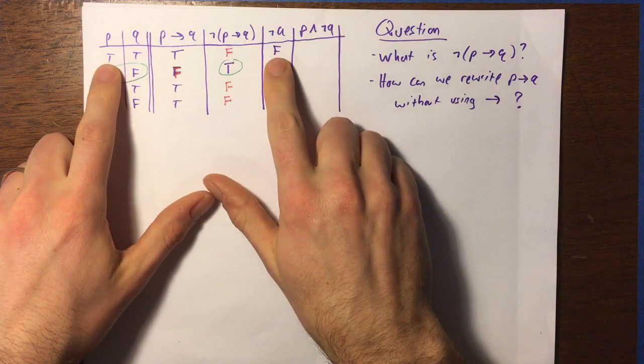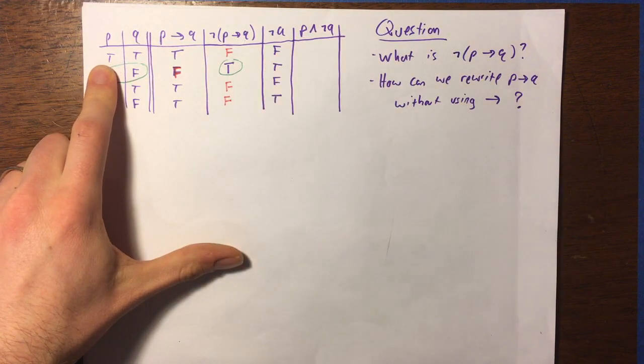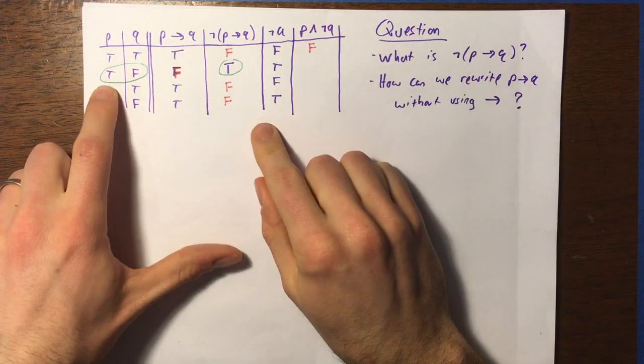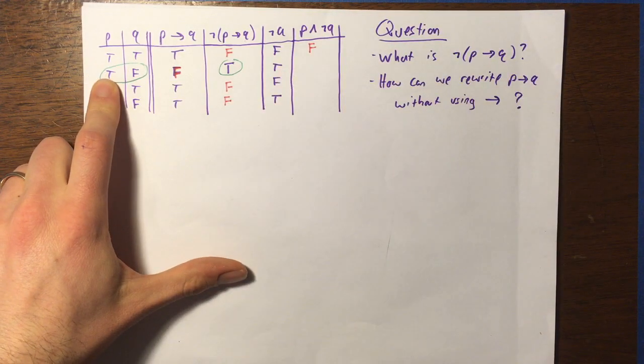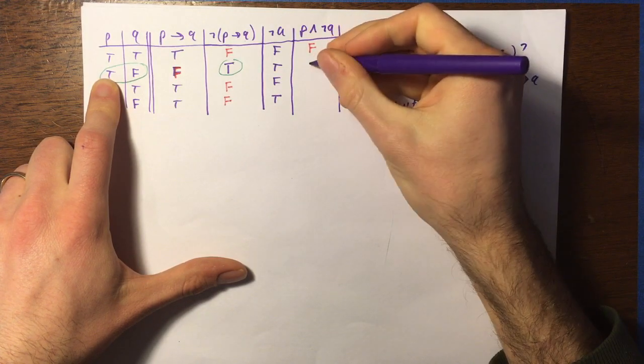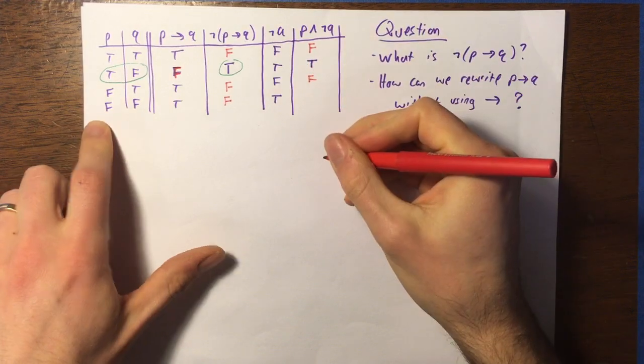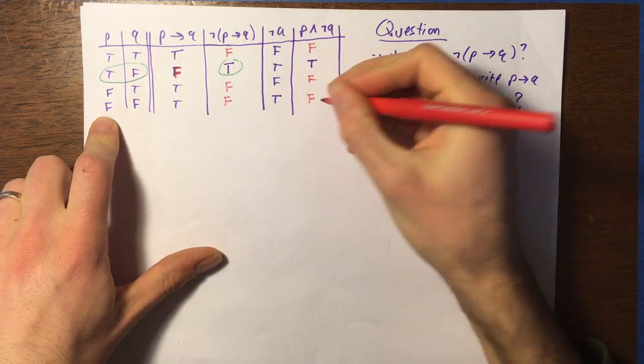P and the negation of Q is true and false, which is going to be false. Then it will be true and true, which is true. Then it would be false and false, which is false. And it's going to be false and true, which is false.